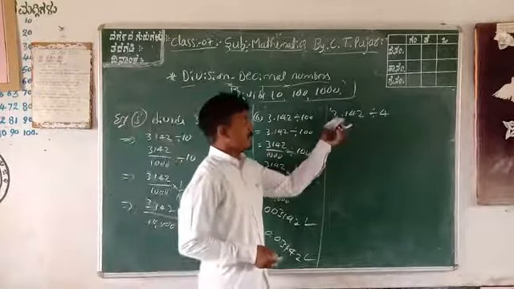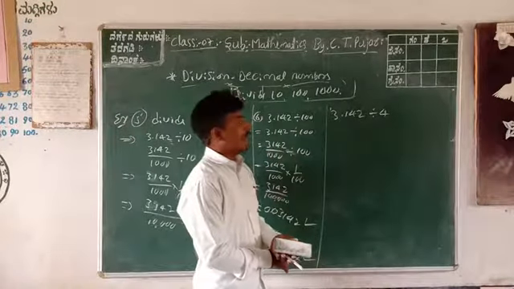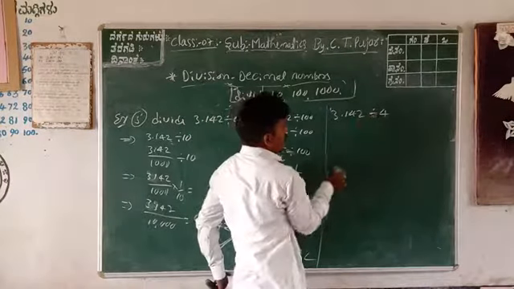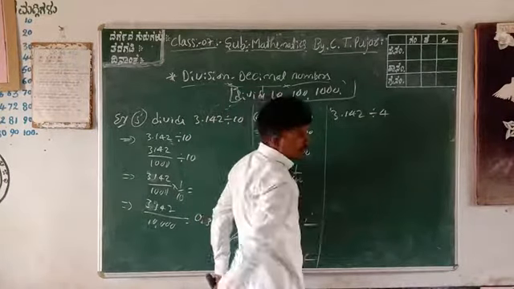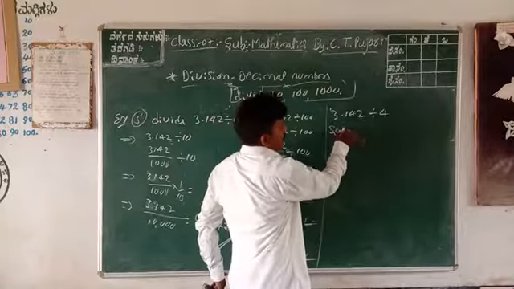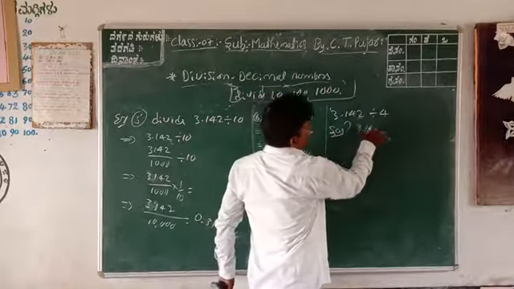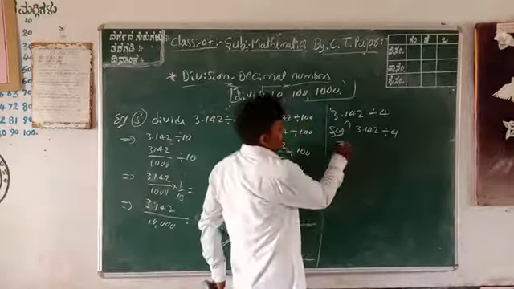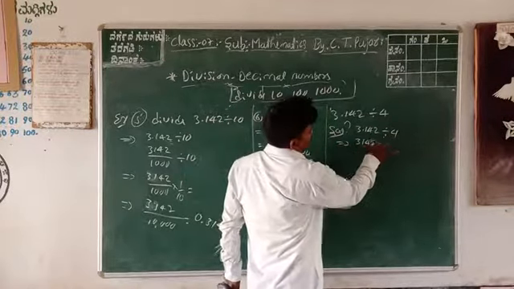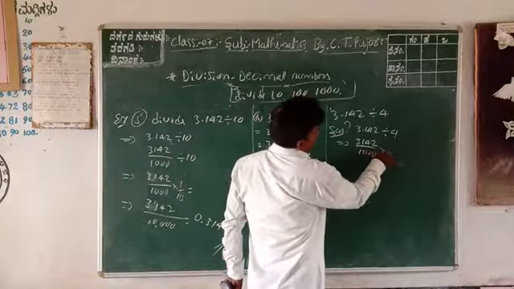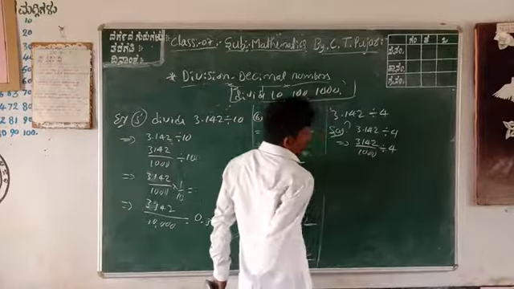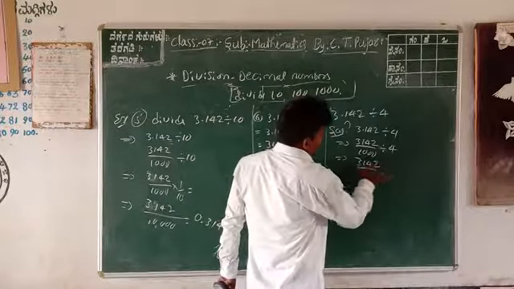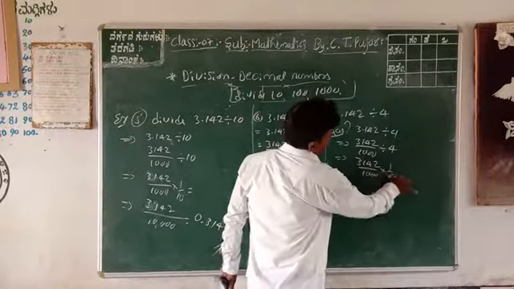Last example: 3.142 divided by 4. Either solve it directly, or otherwise check once again. Therefore, given 3.142 divided by 4, you can convert the decimal number to a fraction: 3142 divided by 1000, divided by 4. Therefore, division of fractions: 3142 divided by 1000 into 1 by 4.